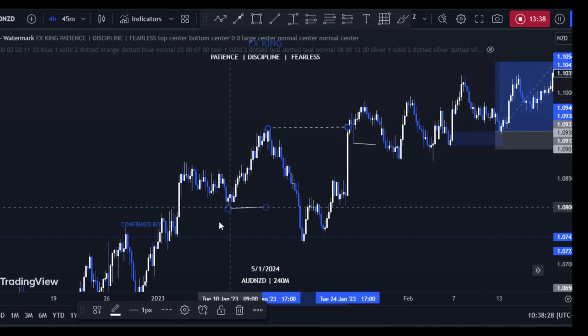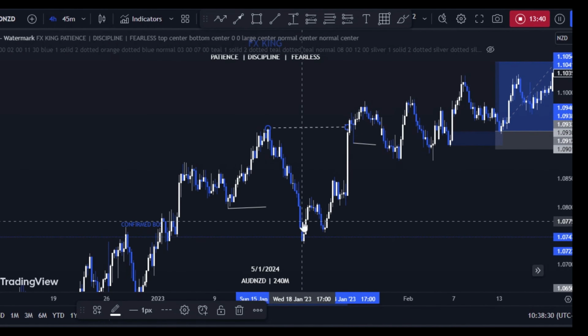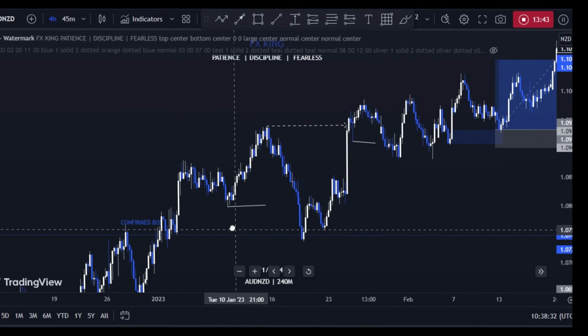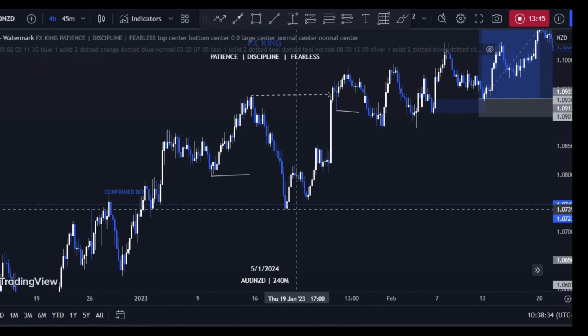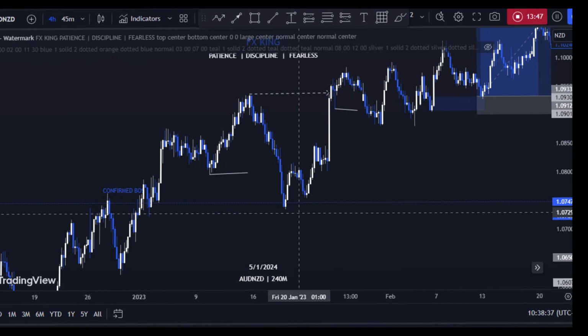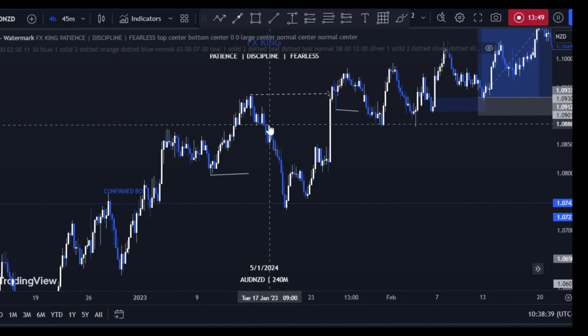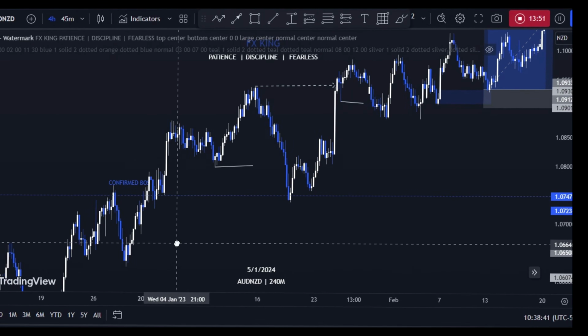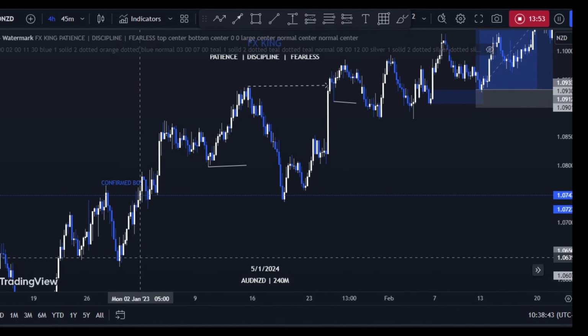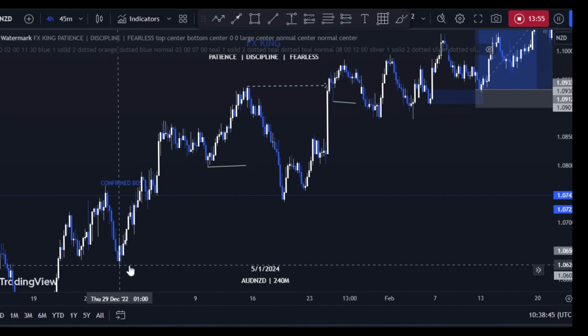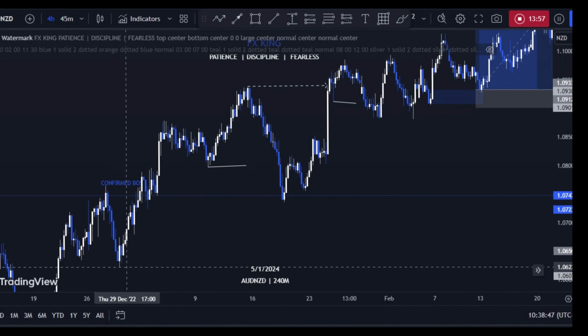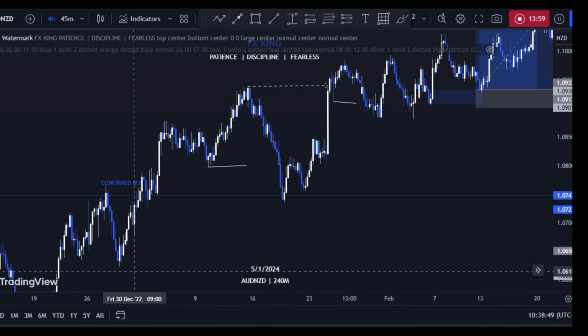You are looking for the reverse of this in this trend, but you are keeping into consideration your swing points here. You should know that this is your swing point. If you are selling from here, you should know that this is your swing low here. You should not target anything below here, because the market will not pull above here unless it wants to create a change of character.